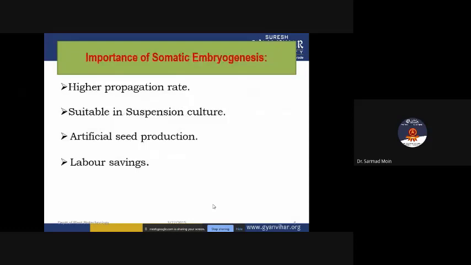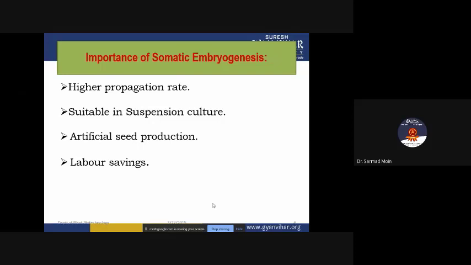Now, the importance of somatic embryogenesis. There is a higher propagation rate when we are culturing somatic embryos. When our target is to produce a high number of plantlets, we can utilize the somatic cell to produce embryos, and these embryos can be used for higher number of plant production.